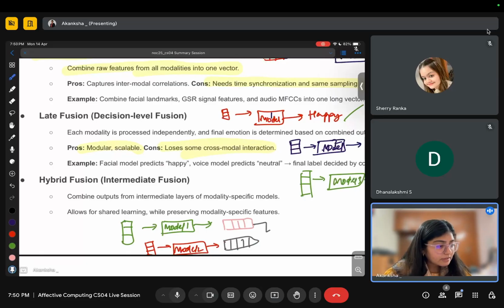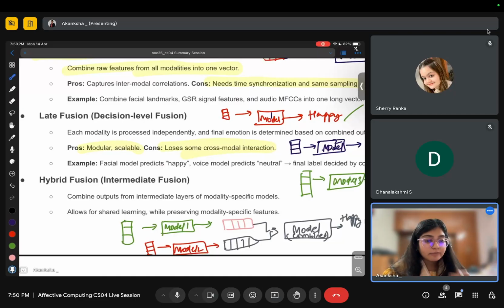Now you fuse these and feed them to some other combined model, which finally gives you happy. So this is intermediate fusion, the fusion of the intermediate embeddings. In this you get the benefit of both.